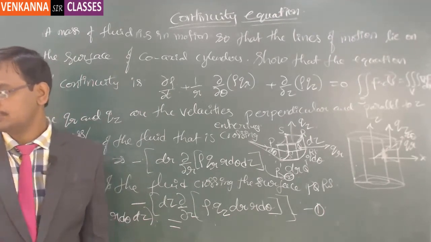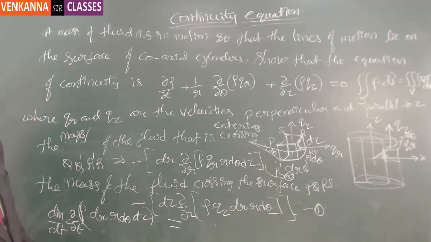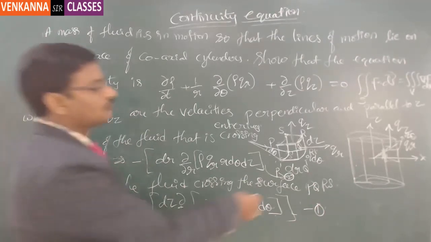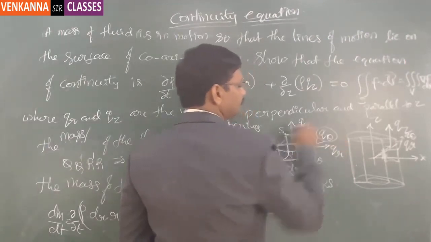Actually, in this problem statement, what the textbook solved is not for Q_r. It considered Q_theta. That is the difference.